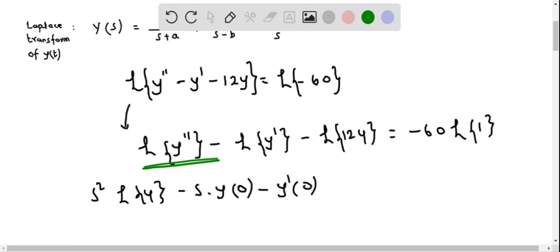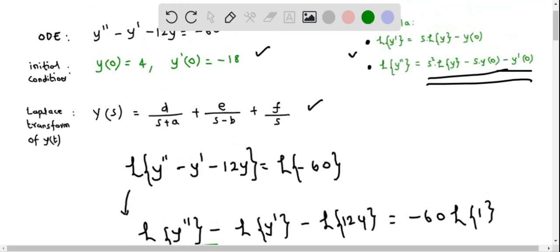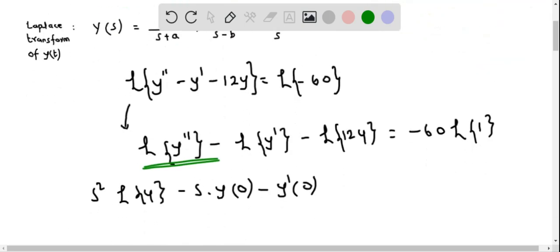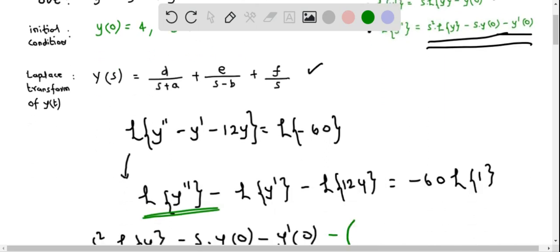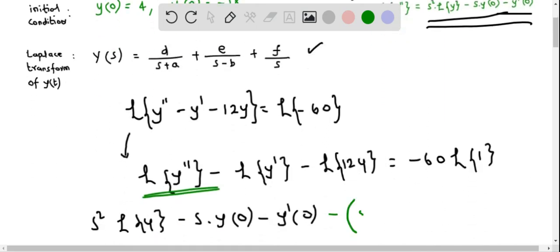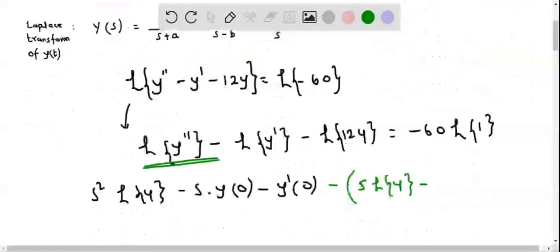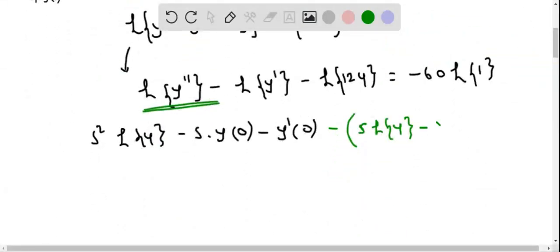Now I have the negative of the Laplace transform of y prime. For that, I use this formula. I put this negative and put a bracket. The Laplace transform of y prime is s times the Laplace transform of y, minus y of 0.